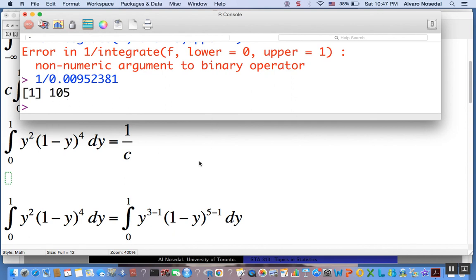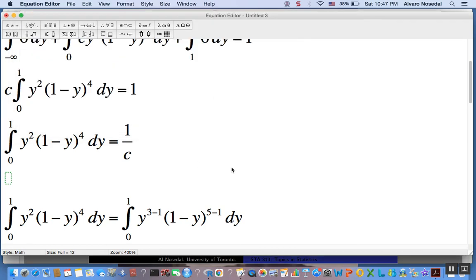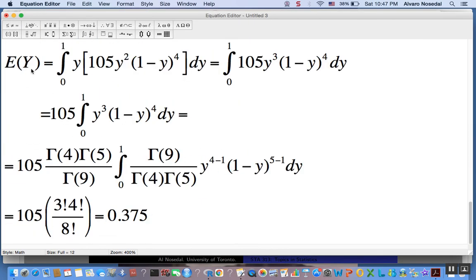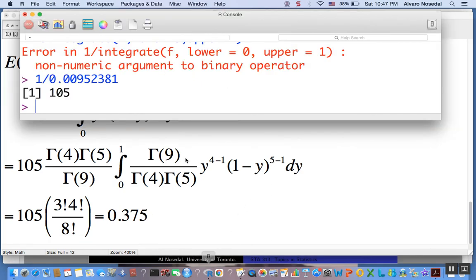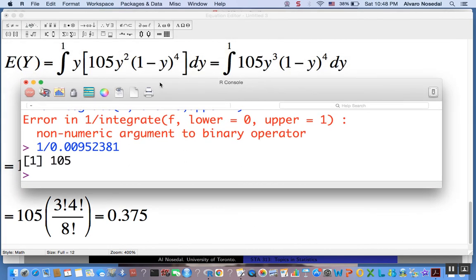Now let's check the value that we obtained for the expected value of y. Note that now the integral that we want is the integral from 0 to 1 of 105 times y cubed times 1 minus y to the fourth power. So now let me define another function. Let me call it g. g is going to be a function.